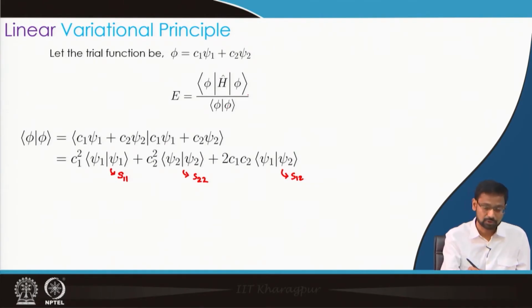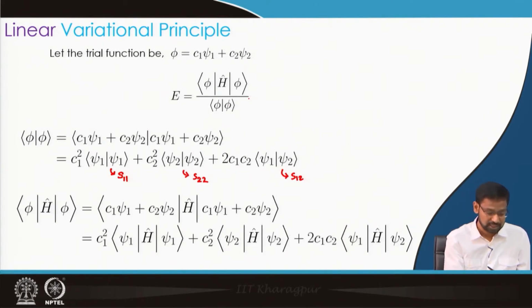Now, let us look at the numerator of this energy expression, that is the energy integral. Similarly, I have on the bra the trial wave function, in the ket the same trial function, and in between the Hamiltonian operator. The complex system that I am dealing with, of course I know its Hamiltonian. So, following the same way that I obtained the overlap integrals, I now do the same thing. For example, I will just explain one.